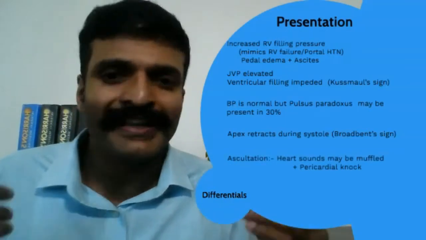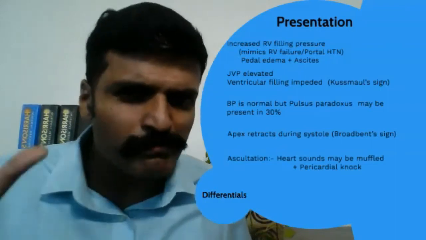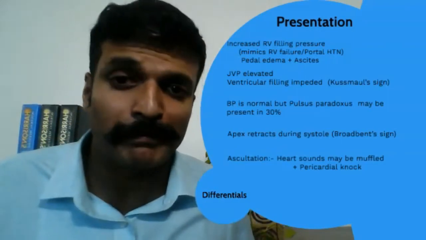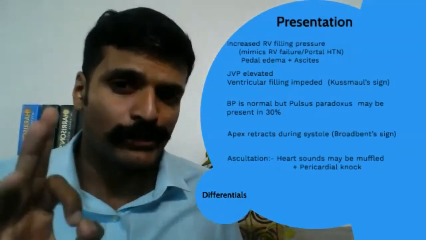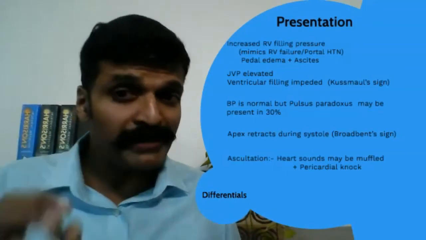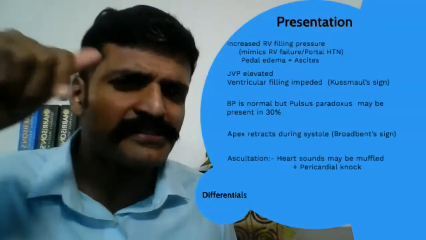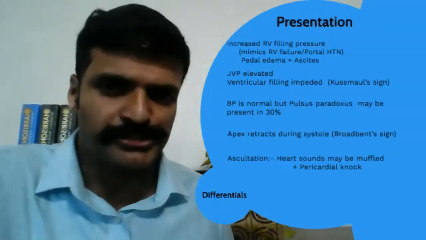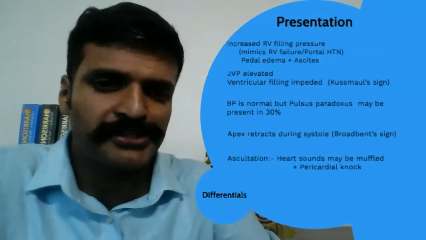On auscultation, naturally, you're going to get muffled heart sounds. S1, S2 might not be clear because of the thickening of the pericardium, and you might get a diastolic pericardial knock. Okay, so these are the clinical features that you will have, and whenever you have these set of clinical features, always think that there is a possibility of other conditions, because it's not very clear cut. Constrictive pericarditis mimics many other conditions.